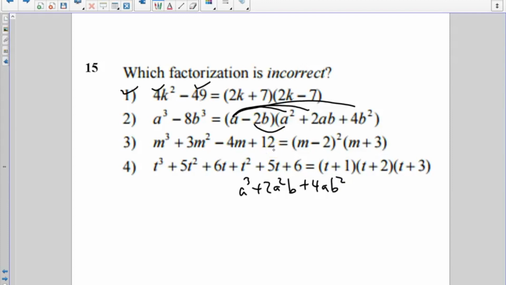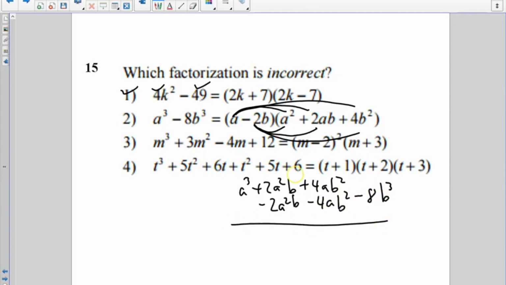So I have negative 2b times a squared gives me negative 2a squared b. Negative 2 times positive 2ab gives me negative 4ab squared. And my last term gives me negative 8b to the third. Middle terms cancel each other out, so I'm left with that. So that works.